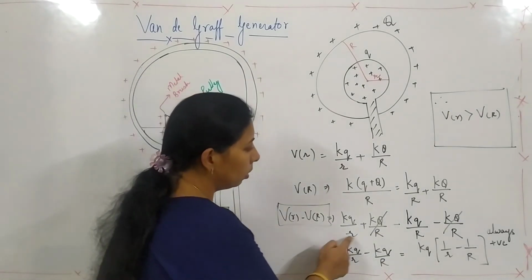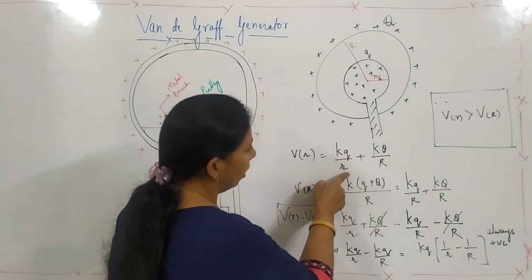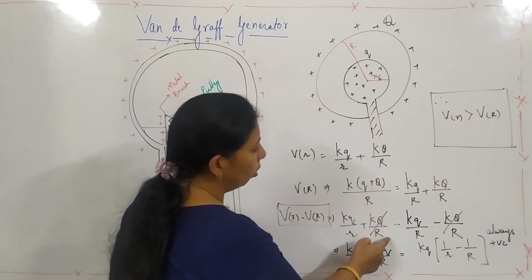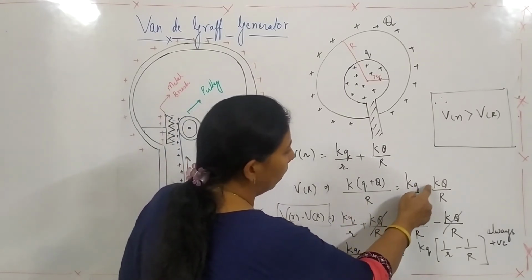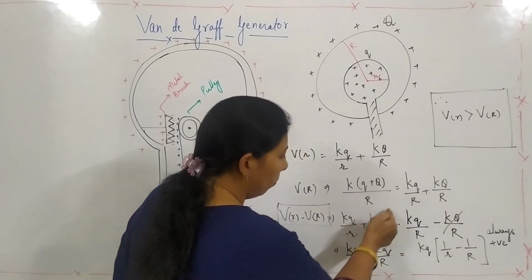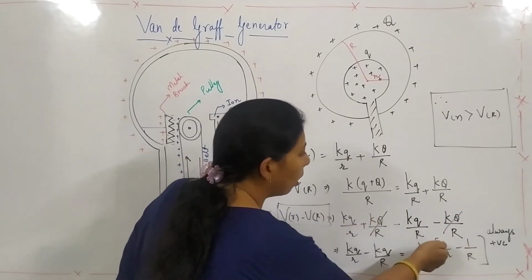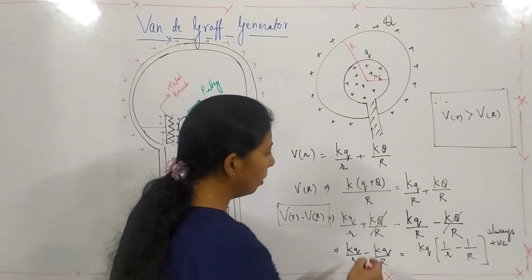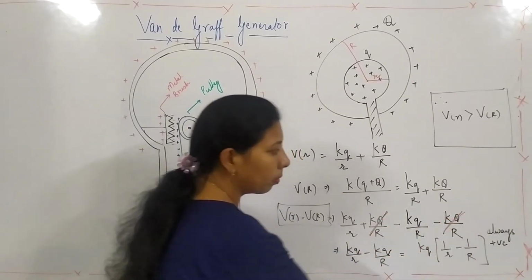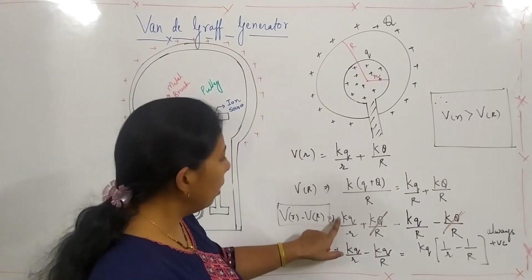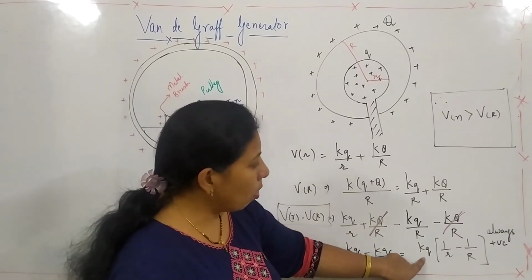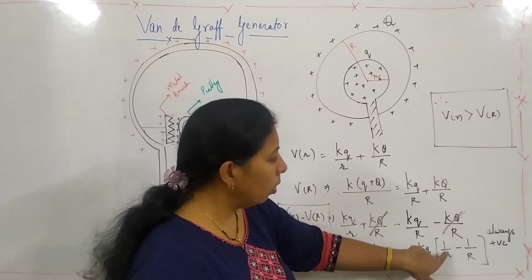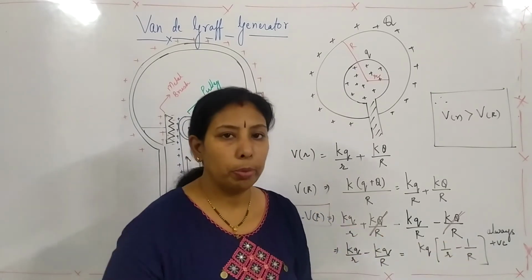When I do this subtraction, you can see this kq upon small r plus k capital Q upon capital R minus k small q upon capital R and k capital Q upon capital R. K capital Q by capital R, k capital Q by capital R, we can cancel them both, right? Yes. So I am left with kq upon small r minus kq upon capital R. What is common? Kq. I get a value 1 upon r minus 1 upon capital R.